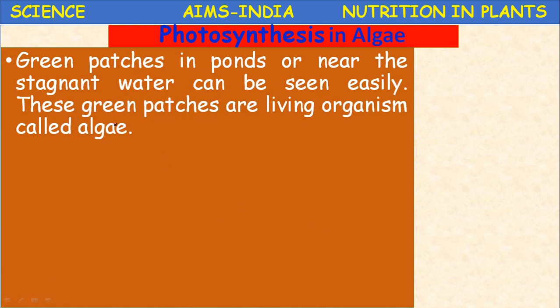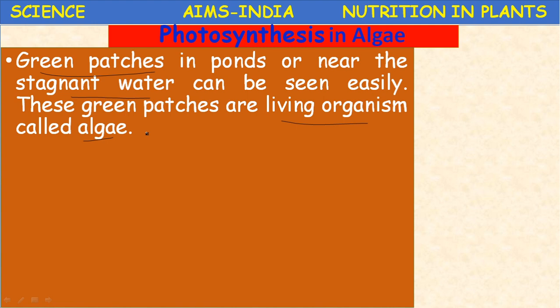The green patches which we see in ponds or near the stagnant water can be seen easily. So these green patches are living organisms. They are called algae or alga. Alga means singular, algae means plural.